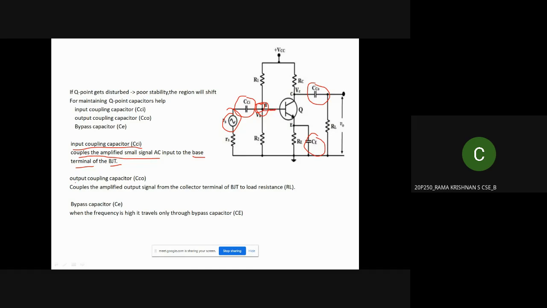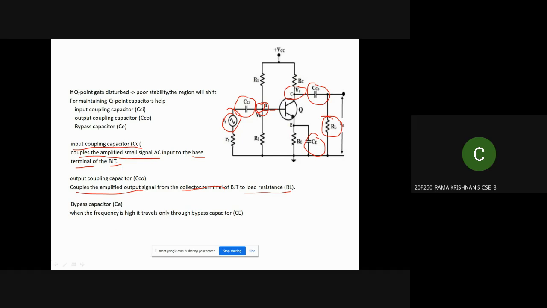The next is the output coupling capacitor. What this does is couple the amplified output signal from the collector terminal of the BJT to the load resistance. Now there's an interesting function for the bypass capacitor here. It's connected with this resistance RE.